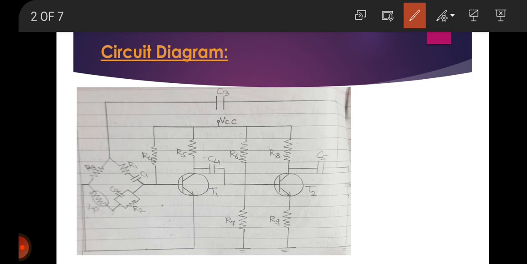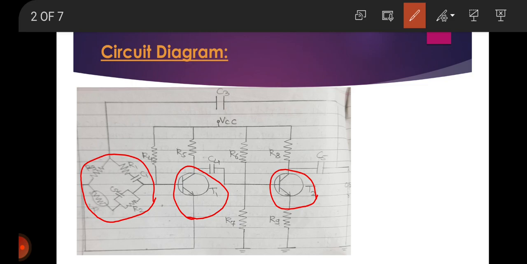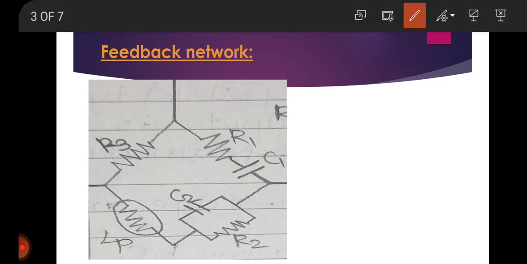See here, this is the two-stage amplifier, and this is the RC bridge network, and this RC bridge network we call the feedback network. It is also called the bridge circuit.